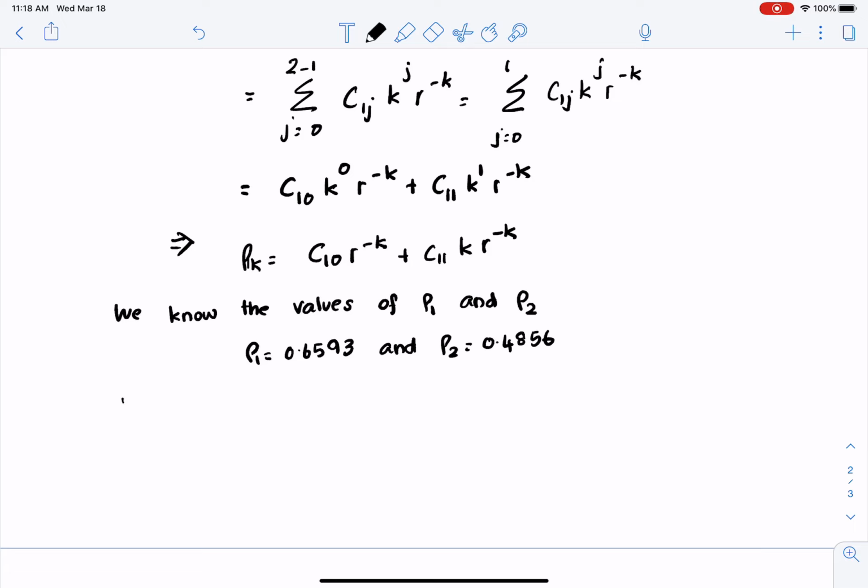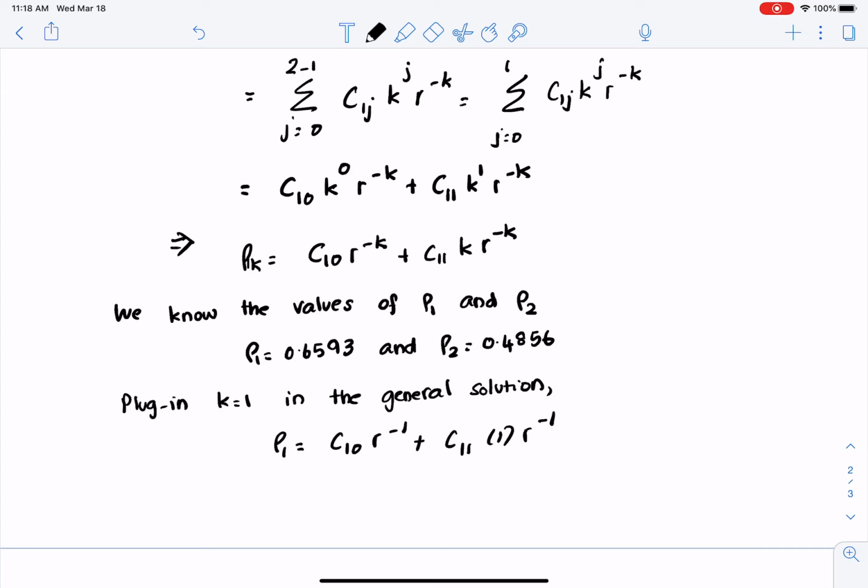So we are going to plug in k equals 1 in the general solution. So rho 1 would equal c10 r raised negative 1 plus c11 times 1 times r raised negative 1, which is c10 times 3.33 raised negative 1 plus c11 times 3.33 raised negative 1.